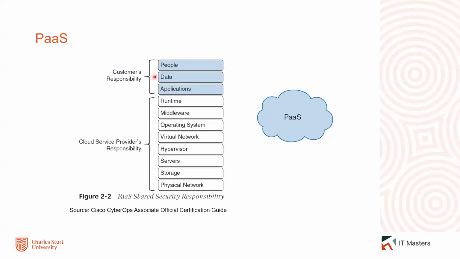You can see with platform as a service, the customer takes over a little bit more. So just the applications, but everything else under that is provided by the cloud service provider.